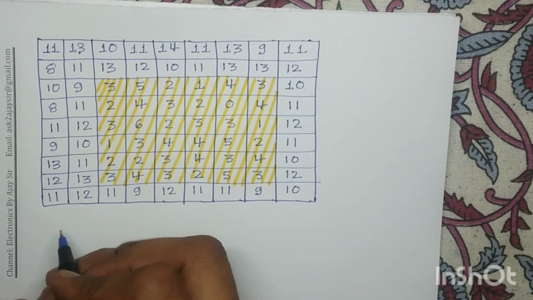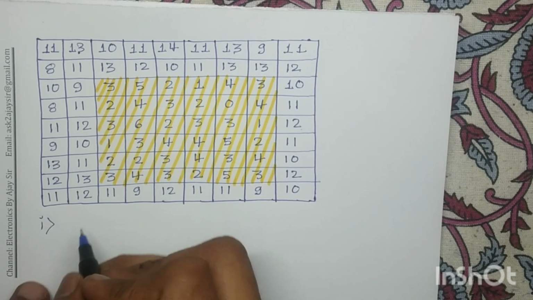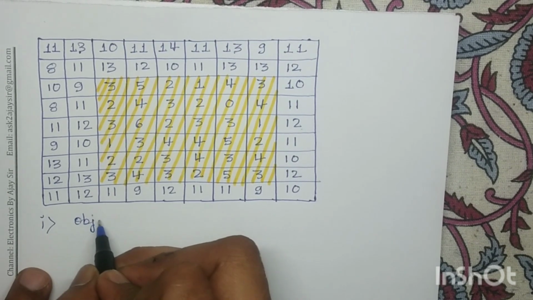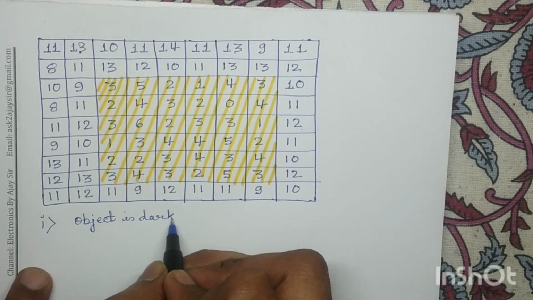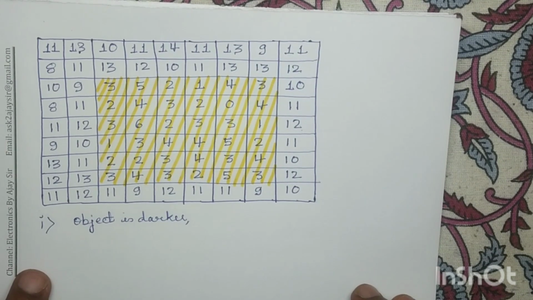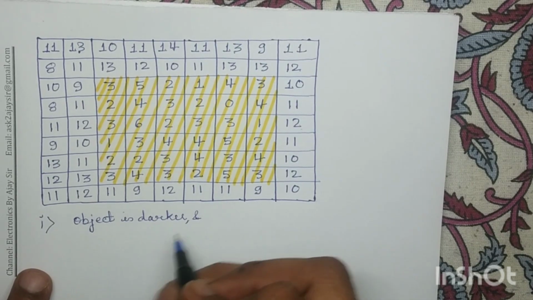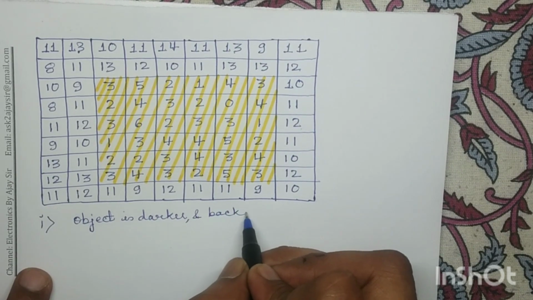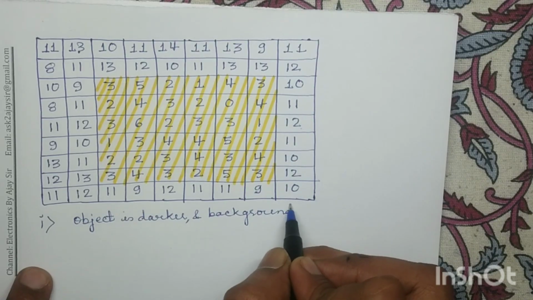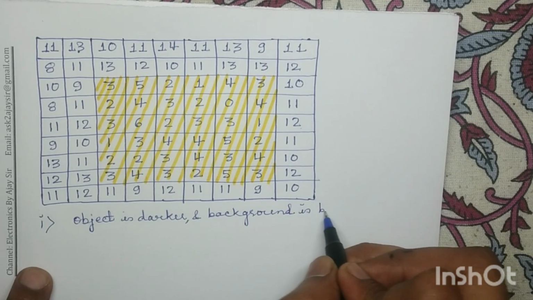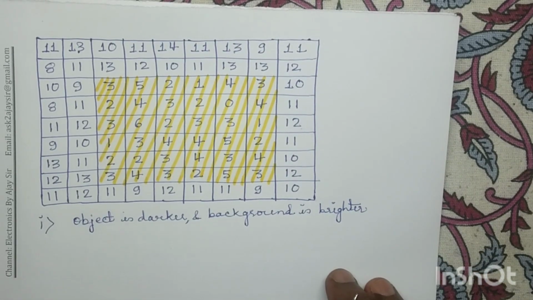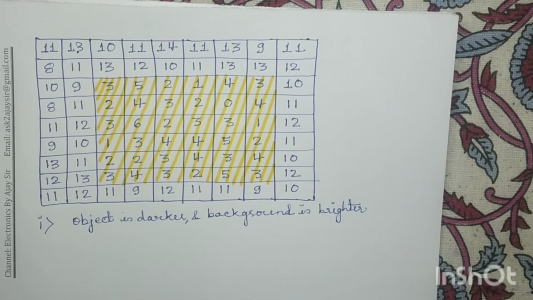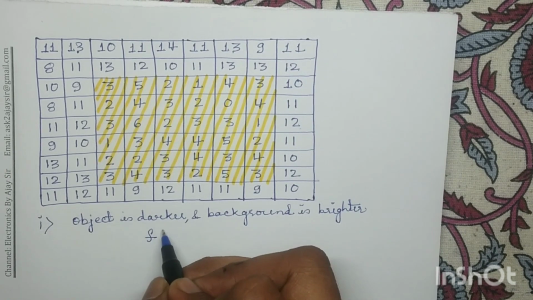In this kind of scenario, where the object is darker and the background is brighter, in order to distinguish the object pixel from the background pixel, we apply the thresholding condition.